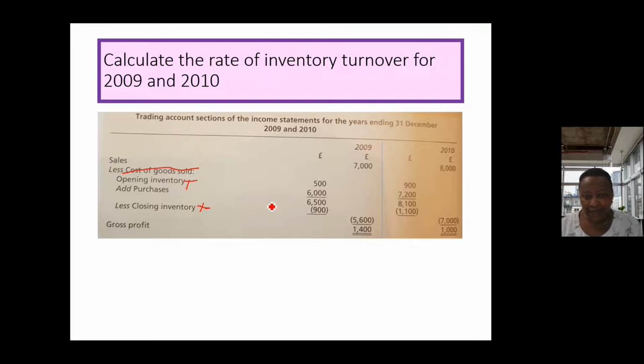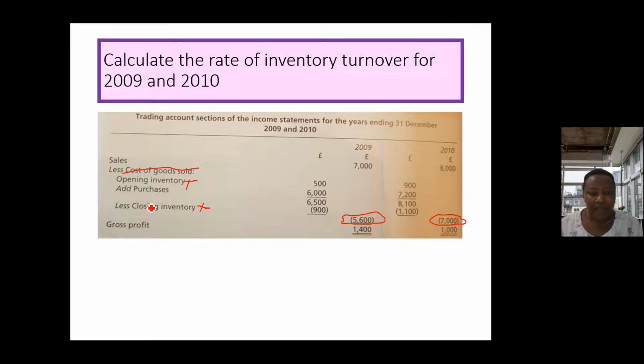Our cost of sales here is 5,600. You need to be able to identify your cost of sales, which is cost of goods sold: when you have your sales figure, you less your cost of goods sold, we have our cost of sales. That's 5,600, and in 2010, we have 7,000. So we've been able to identify our cost of sales.